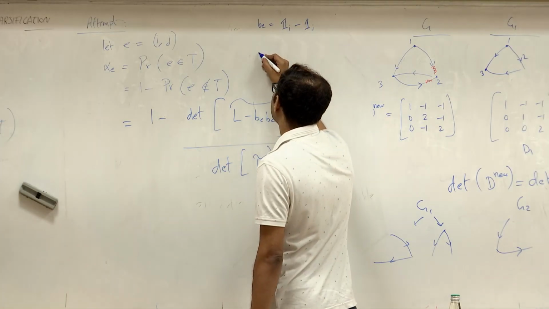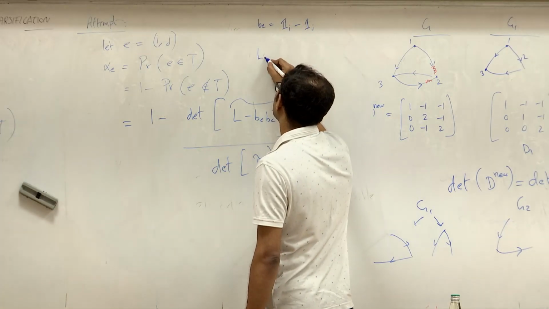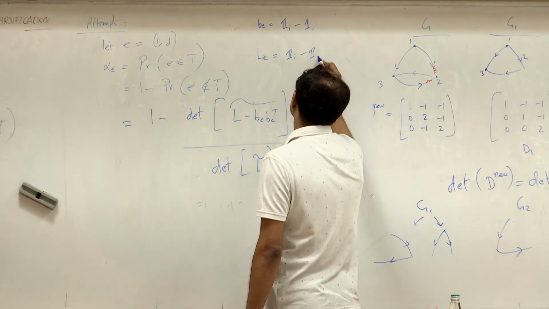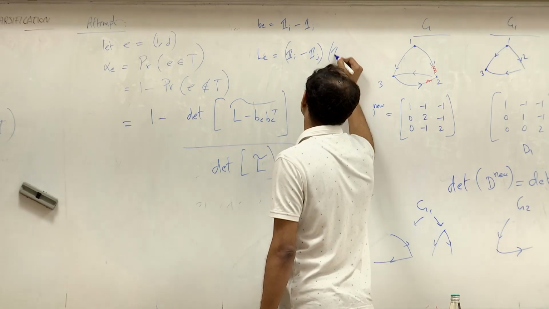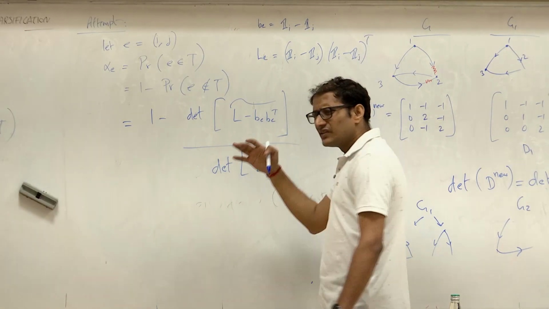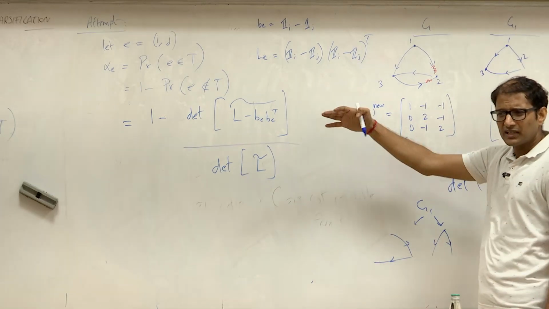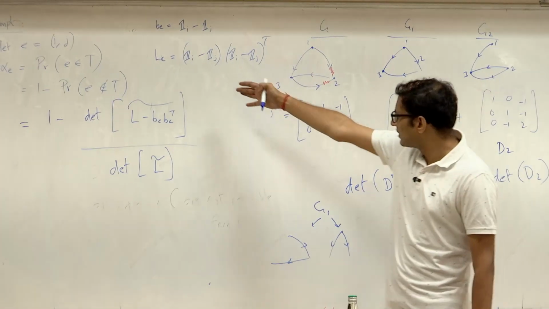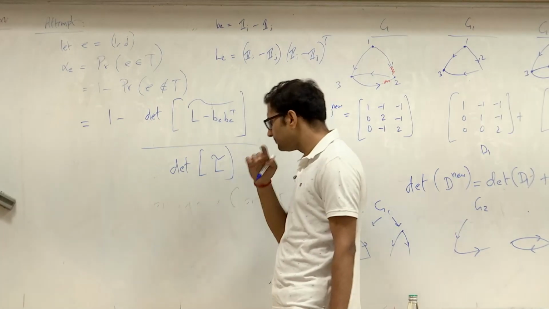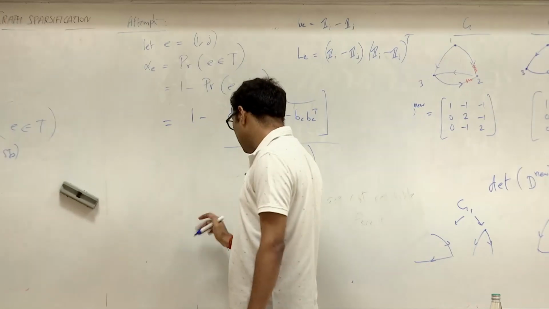In other words, the mini Laplacian for the edge E, L_E, is just 1_i minus 1_j outer producted with itself. And this has a very specific pattern of plus ones and minus ones: plus ones on the diagonal entries, negative ones on the off-diagonal entries. Okay, so that's the expression I'll get.